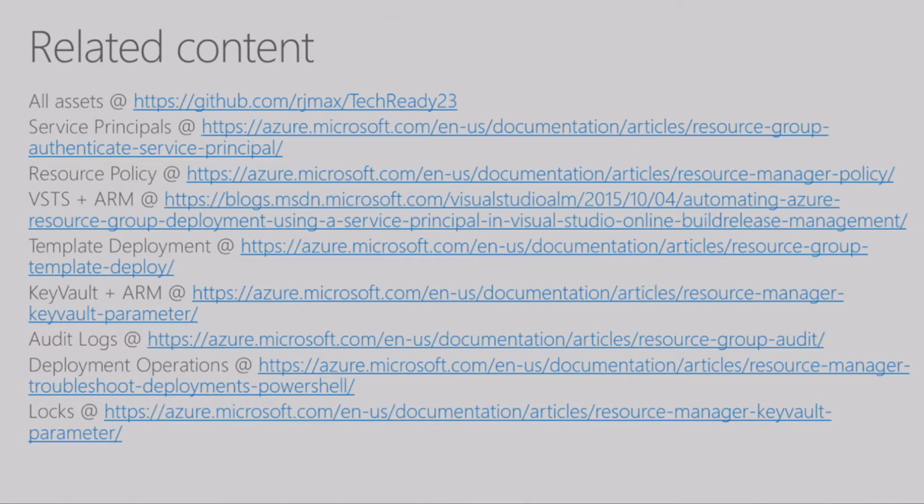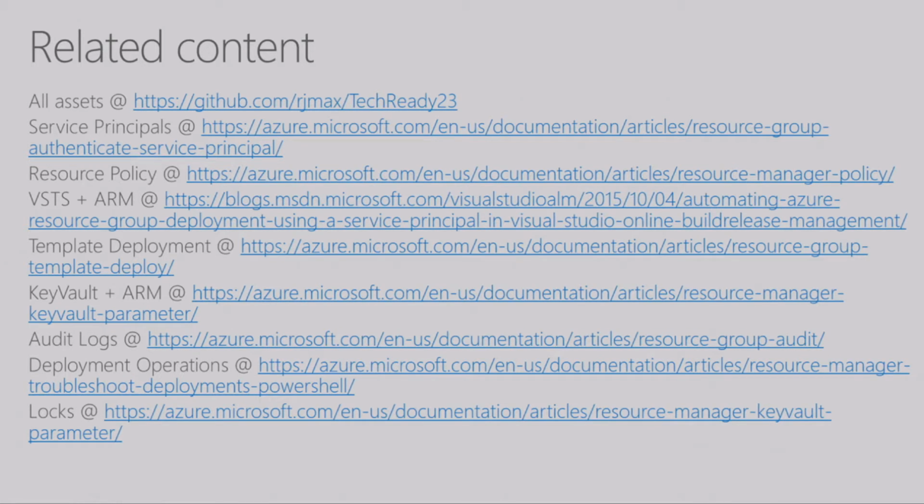Oh, that first link is wrong. I will fix that right after this session. But a reminder, all of the content that we're talking about today is available on GitHub, so you can try it as soon as you get home. We talk about how to create service principals, so accounts for automatic deployment of applications, in the article linked there.